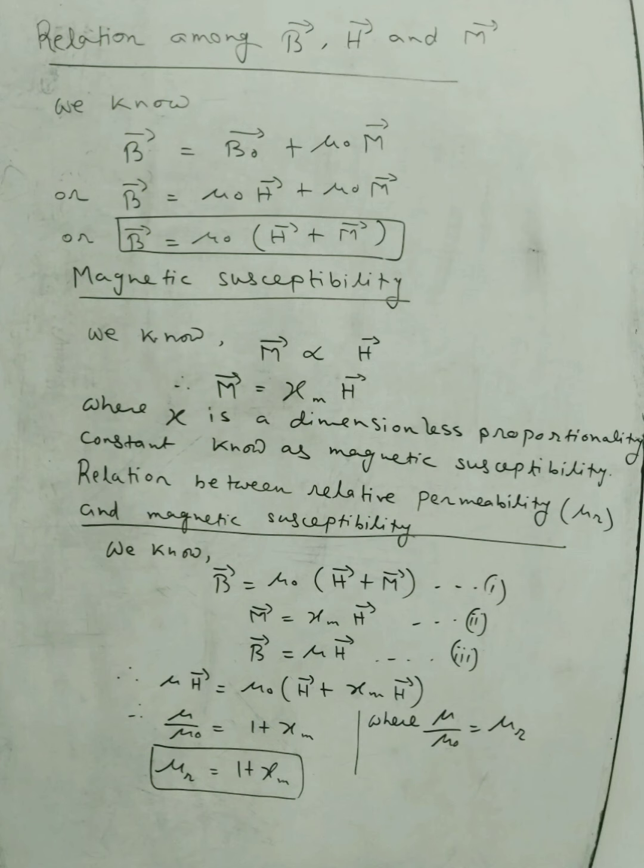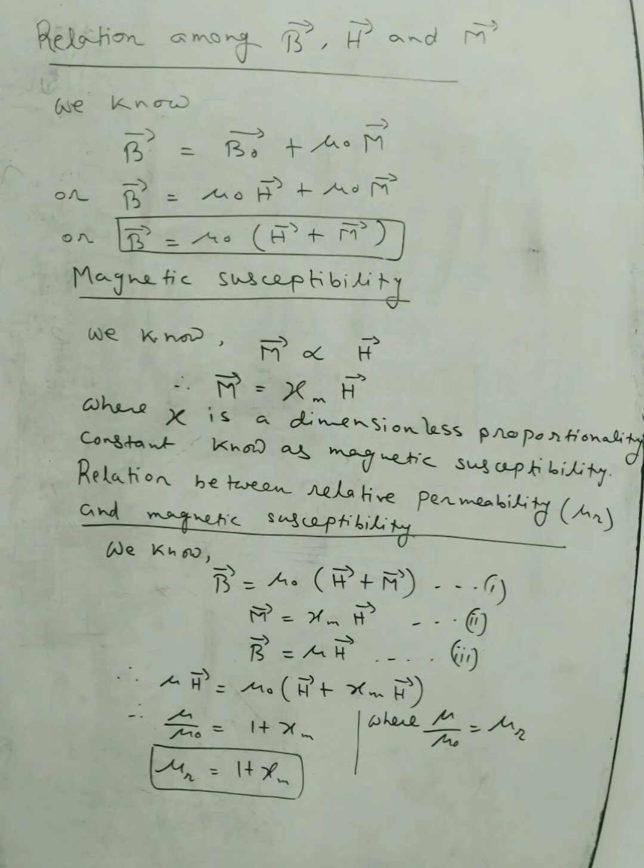And we also know that B0 is equal to mu 0 into H. Therefore we can write that B vector is equal to mu 0 times H vector plus M vector.